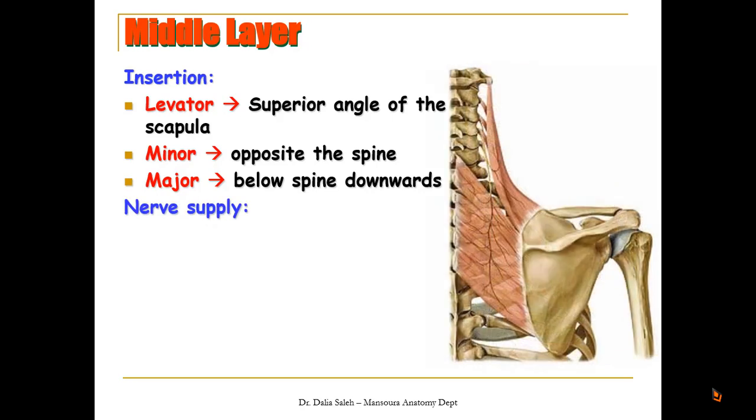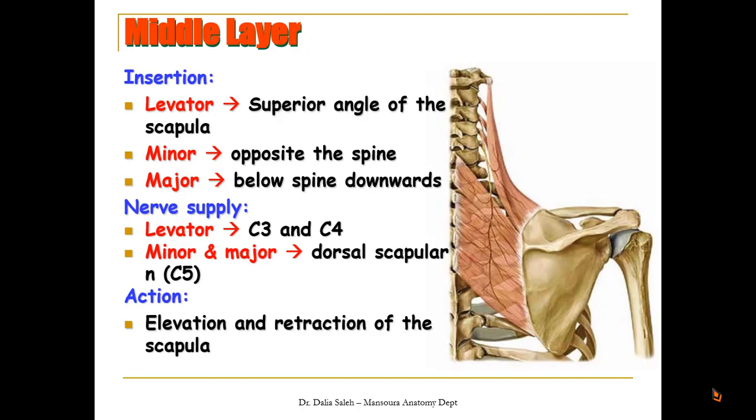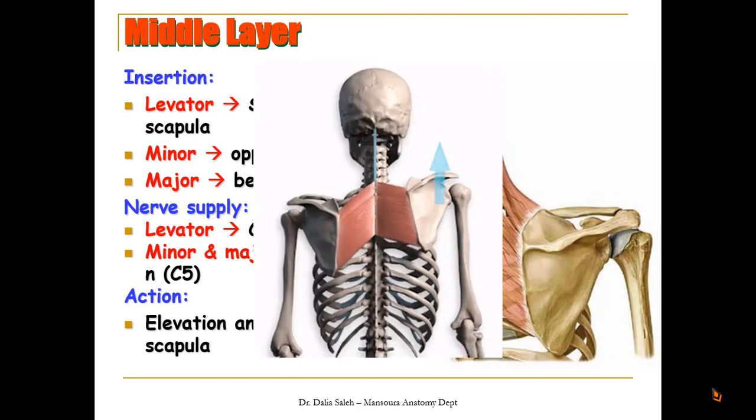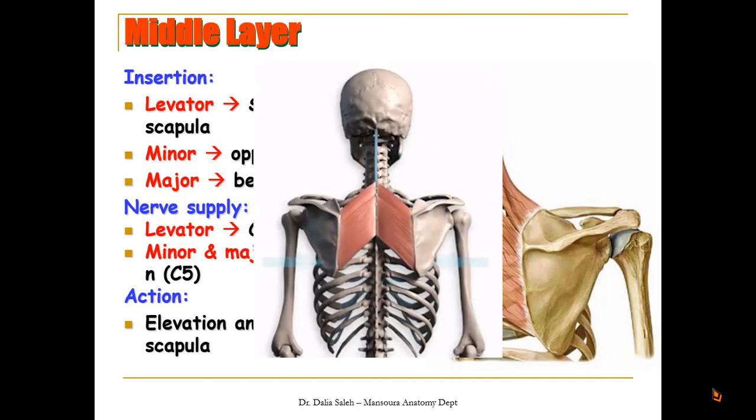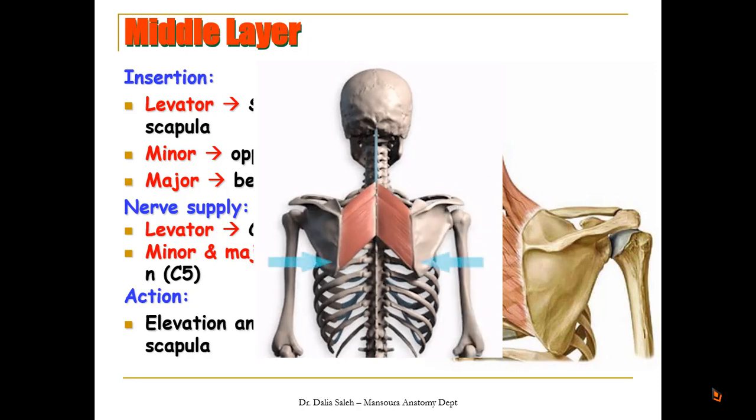For their nerve supply, the levator scapulae is supplied by the third and fourth cervical nerves, while the rhomboid minor and major take their nerve supply from the dorsal scapular nerve from C5, one of the branches of the roots of the brachial plexus. For their action, they elevate and retract the scapula. So in this action, you approximate your shoulder blades together.